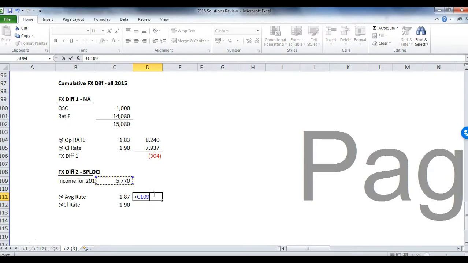Translate this at 1.87 would have got you 3086, whereas if you translate it at the closing rate, it would have been 3037. So overall then there's an FX loss again of 49. And again I'll just do the same format here.